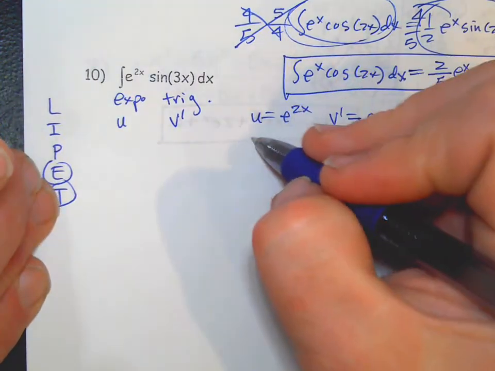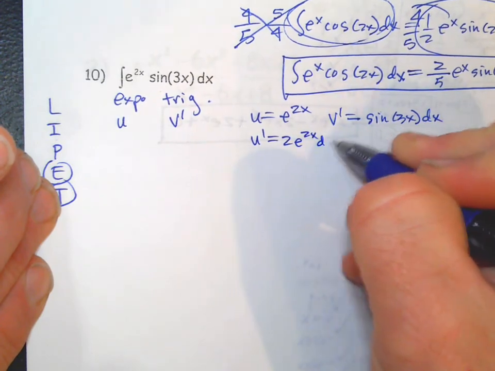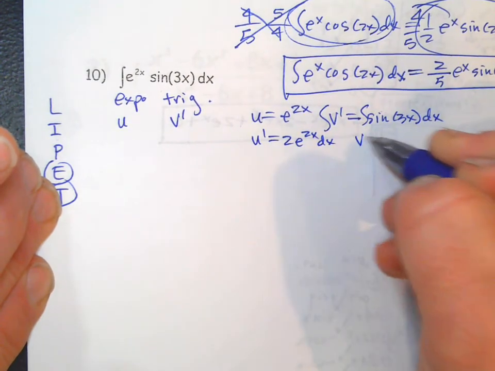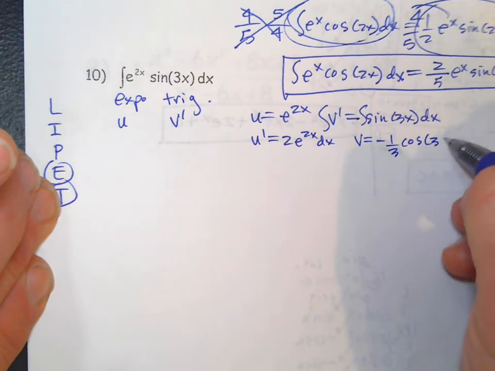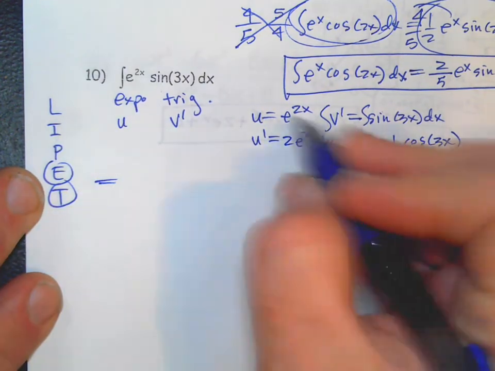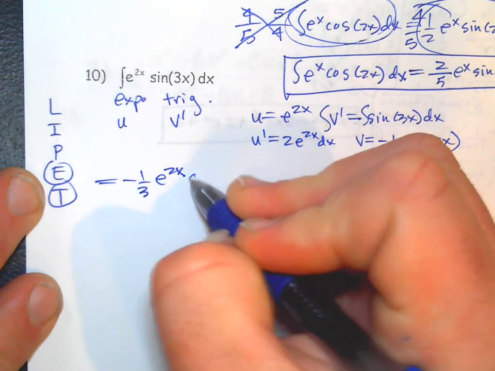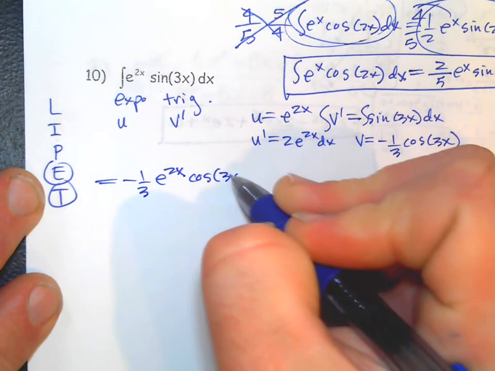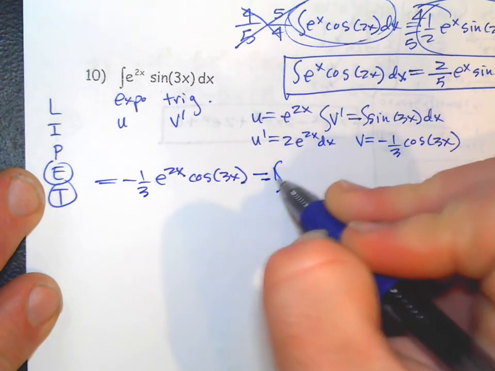So we got to find U prime, and it equals 2e to the 2x dx. We got to find v. V equals negative 1/3 cosine 3x. Let's be good with our antiderivatives. So we're going to write it uv, negative 1/3 e to the 2x cosine 3x minus the integral of the two new things, which has another minus 1/3, which I'm going to put in front.